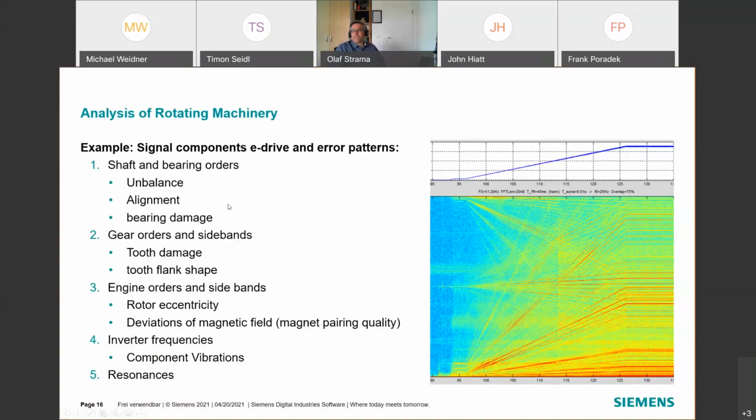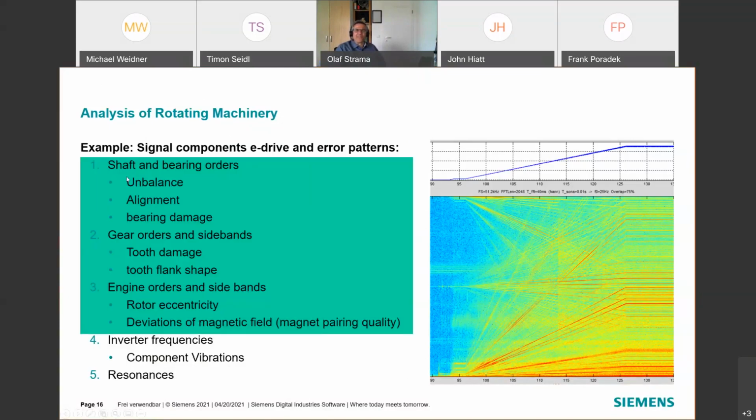We have a lot of angle synchronous components here: unbalance, alignment, bearing damages, tooth damage, tooth length, shape, rotor eccentricity, deviations of the magnetic fields. All these things can be found if you look at the shaft orders, the gear orders, and the engine orders. And the frequencies of these signal components depend on the speed. And so some synchronization would make sense.